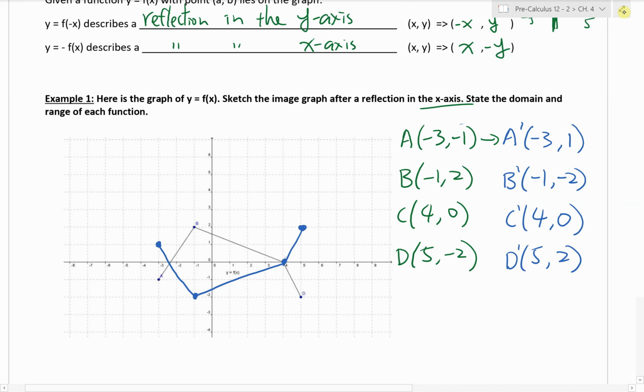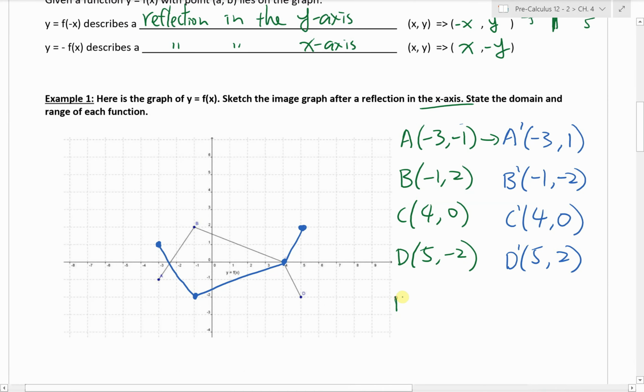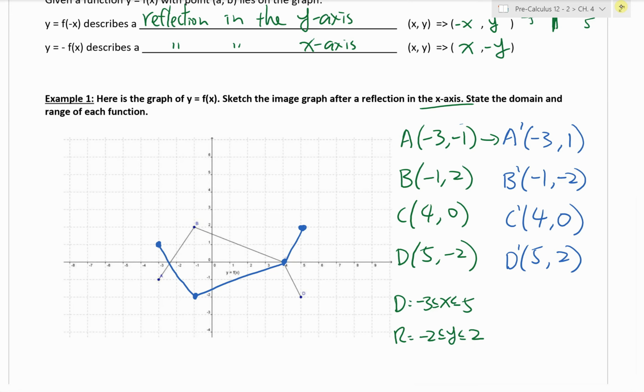Now we can figure out the domain and range. For the original function first, recall this was from negative 3 to positive 5, from left to right. Range means from bottom to top. So the lowest point is negative 2. The biggest y value is 2.